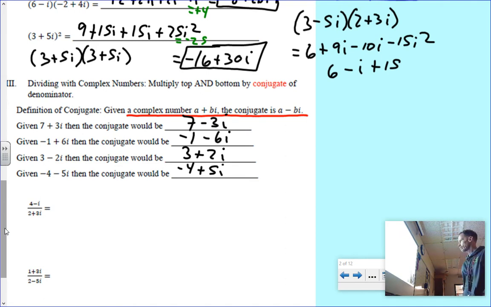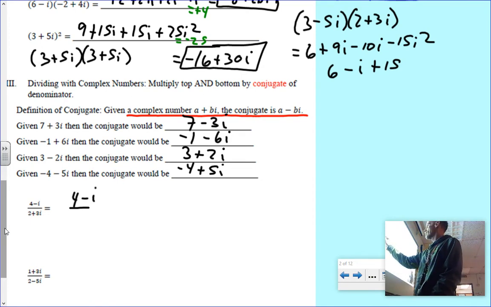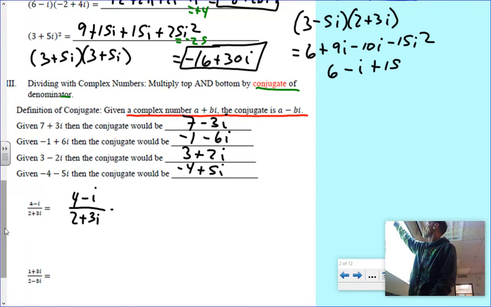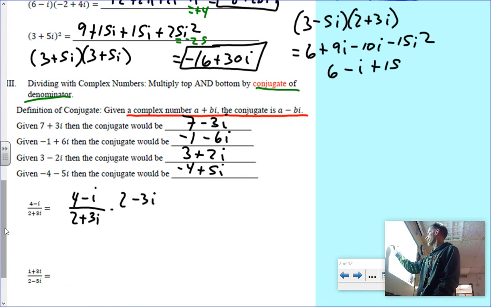That's it. So what we do to do division, even though it's not really division, we take 4 minus i over the denominator, just take the problem, and we're going to multiply by the conjugate of the denominator. Multiply both the top and the bottom by that. So the conjugate of the bottom is 2 minus 3i, and 2 minus 3i.